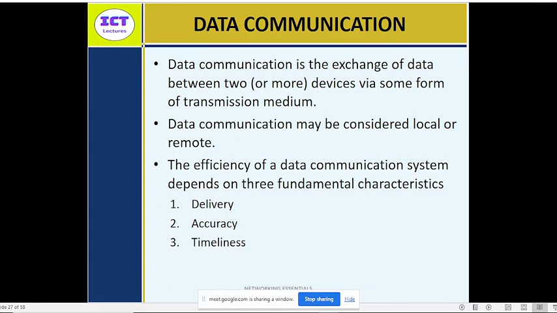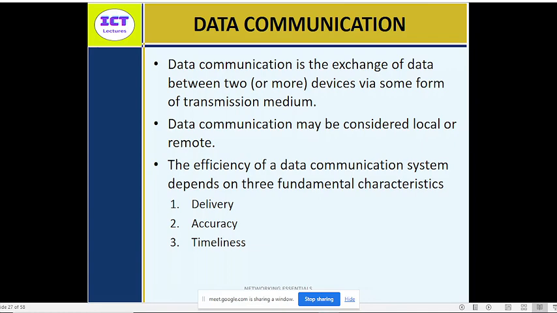So let's look at the main thing here that allows us to have networks: data communication, isn't it? Networks are formed to ensure that we can have data communicated either locally or from a remote location. But for communication to happen within a network, we need to look at some fundamental characteristics. One is the delivery time, right?